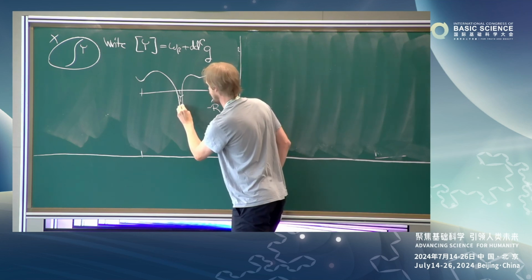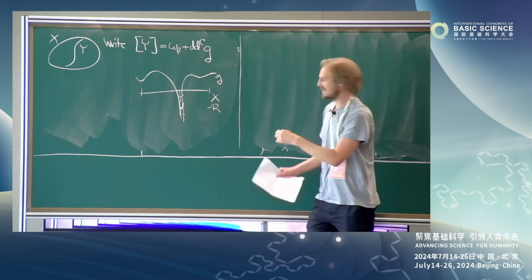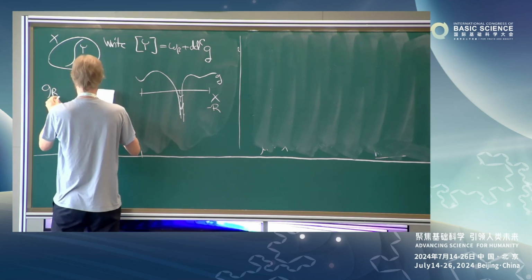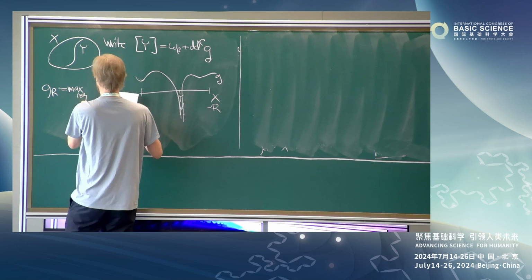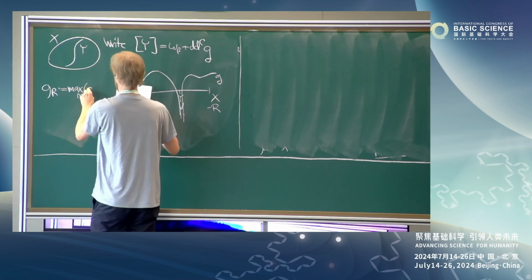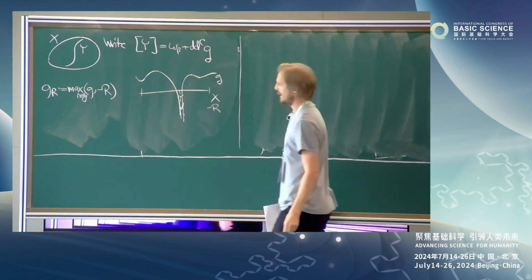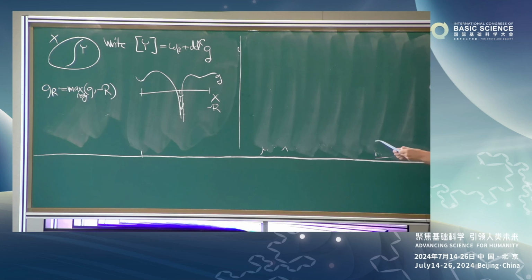So g_R is a regularized maximum of g and minus R, and now this is a smooth function.